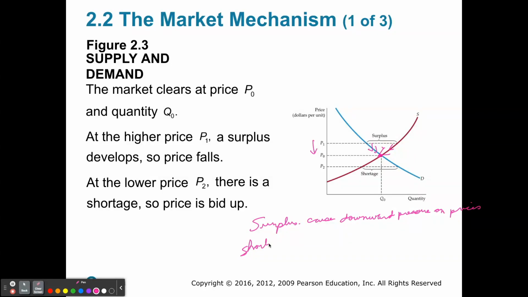The shortage, what happens when there's a shortage? The price typically goes up, causing upward pressure on prices. And as the price goes up, suppliers supply more, and quantity demanded also changes.